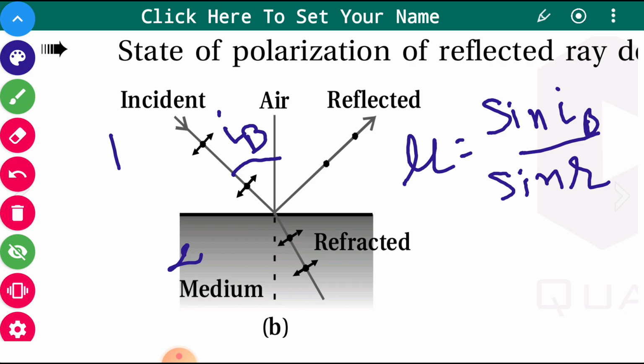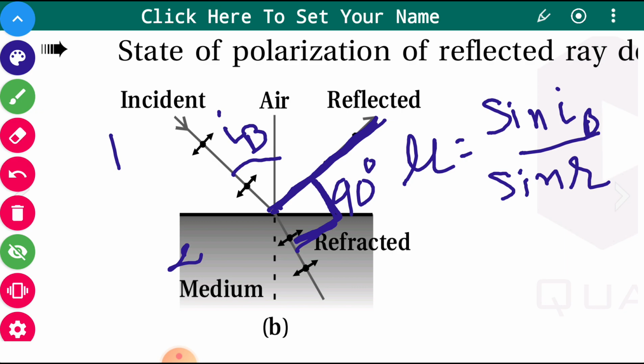Now try to understand, whenever this reflected light becomes completely plane polarized, it is found experimentally that the angle between the reflected ray and the refracted ray is 90 degrees. This was found experimentally by Brewster.